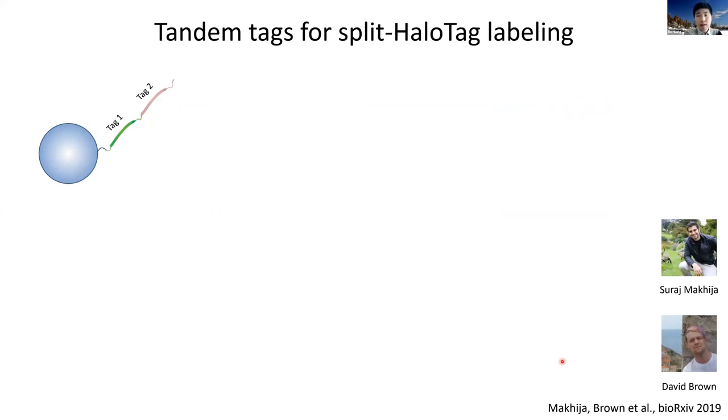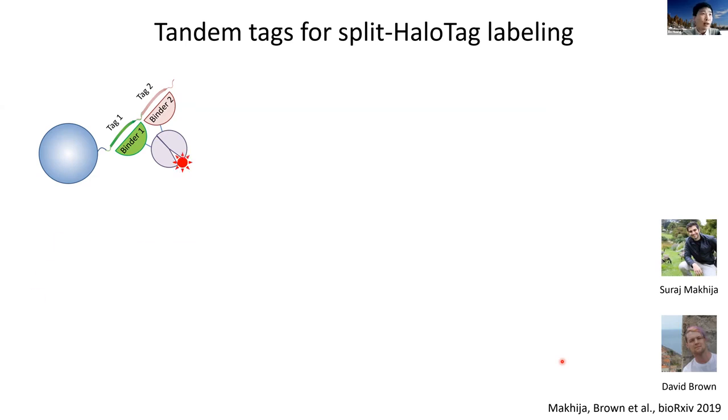Suraj, a bioengineering student who just graduated, and Dave, another postdoc in the lab, have further extended this idea of tandem tagging. In this case, we can have just two tags and two affinity binders, and then these two binders can scaffold another type of protein complementation on top of those tandem tags.